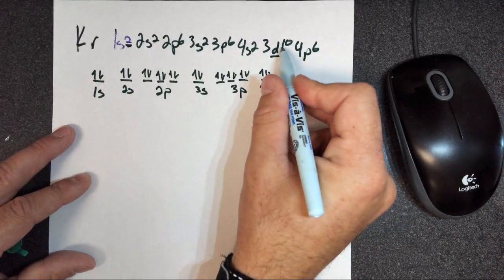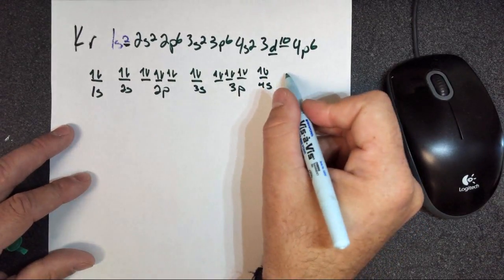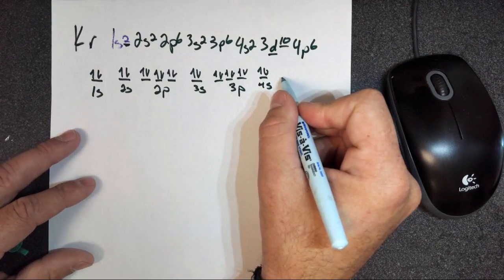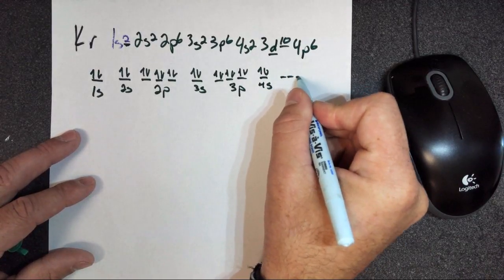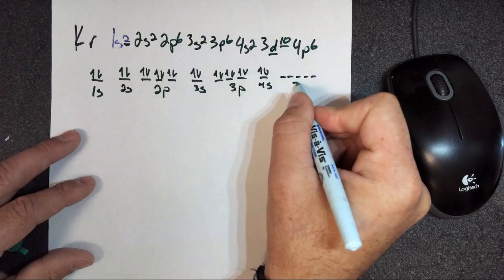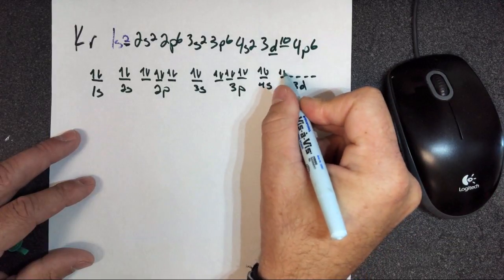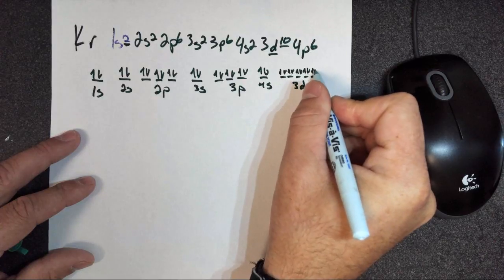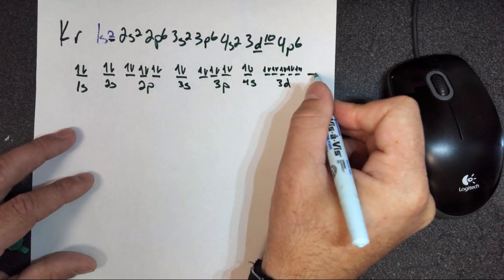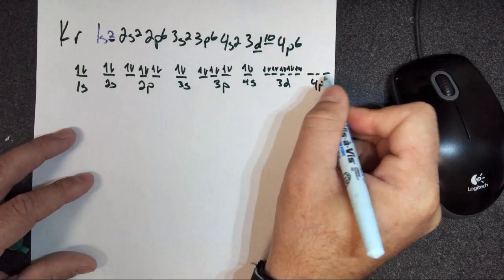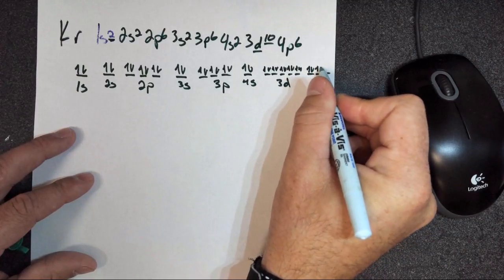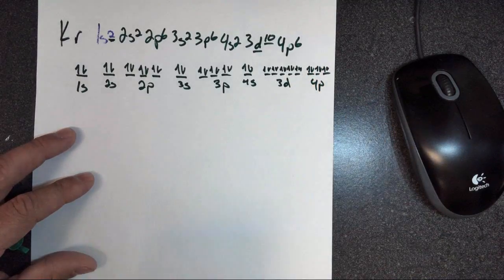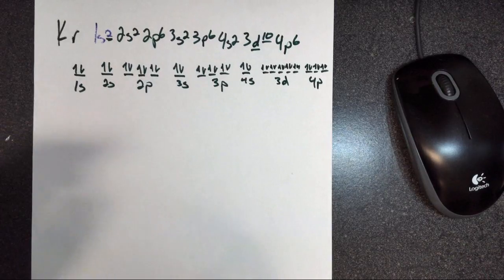Now 10 for our D, so we have to have 5 orbitals instead of 3 like we did at P. So 1, 2, 3, 4, 5. We write 3d underneath it. All of them are going to be filled. And then we would do 1, 2, 3 to represent our 4p. And again, all of them are going to be filled. So that would be the orbital diagram for krypton.